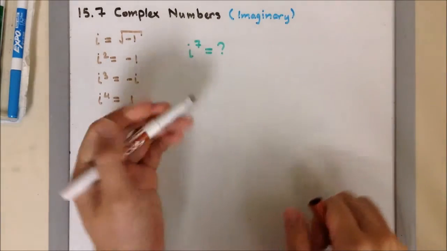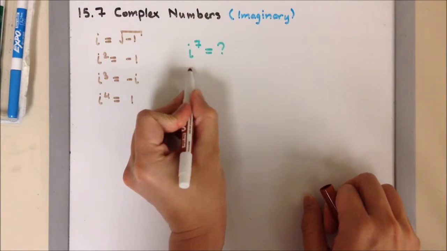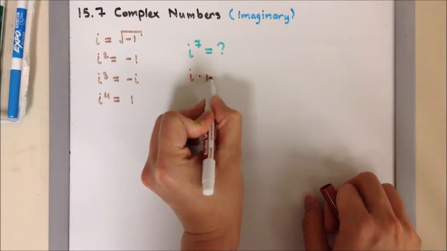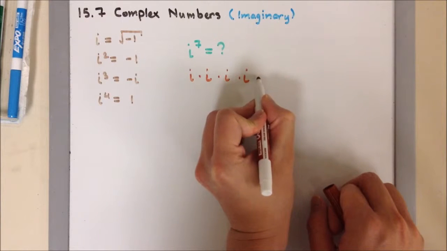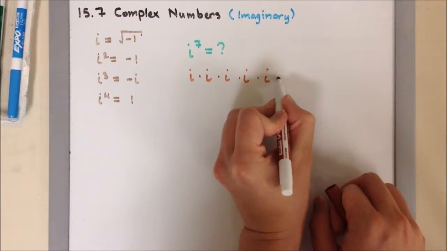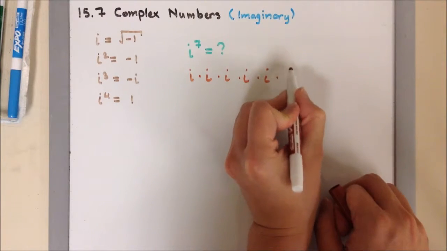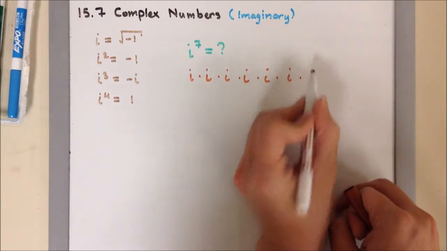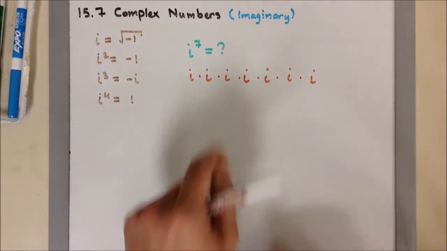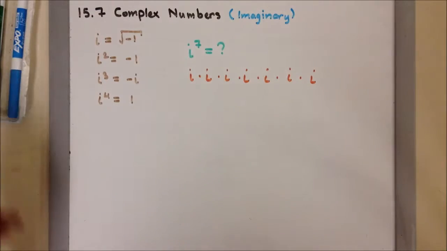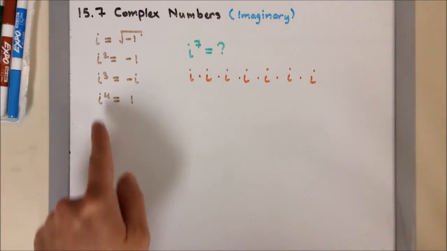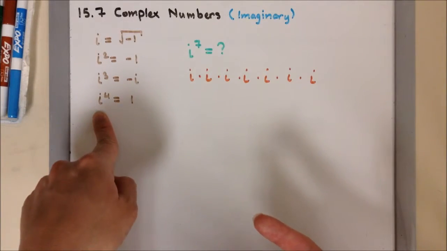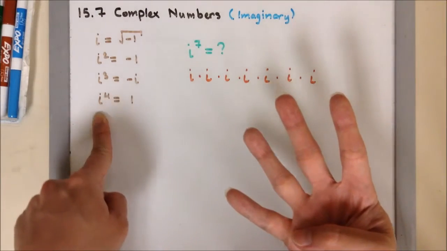If it's i to the 7th power, that basically means i times itself 7 times. Now, as you can see, I wrote the i 7 times. There's one thing we do know, which is that i to the 4th basically means i times itself 4 times.